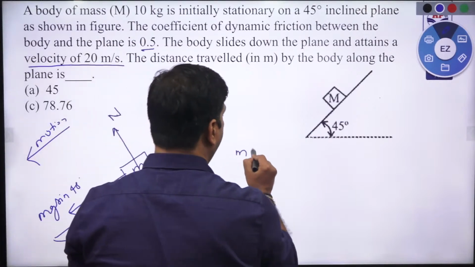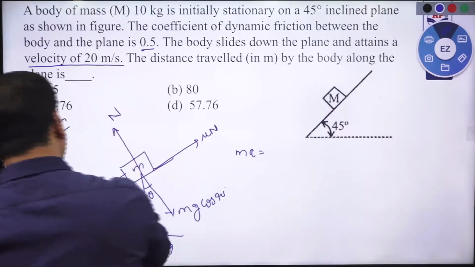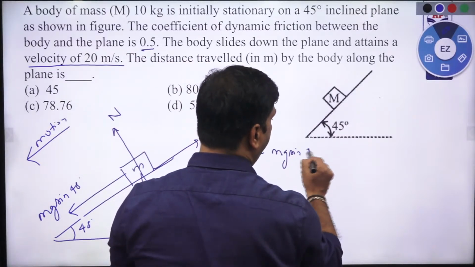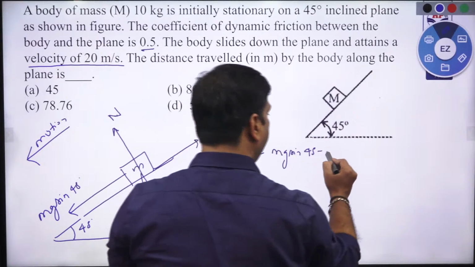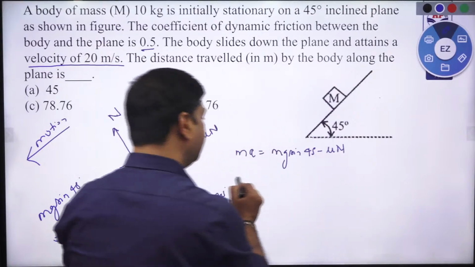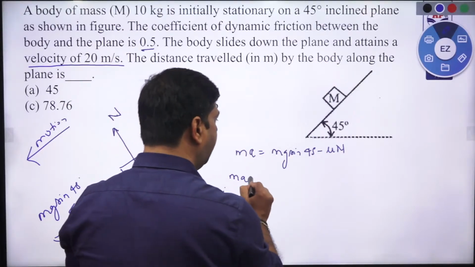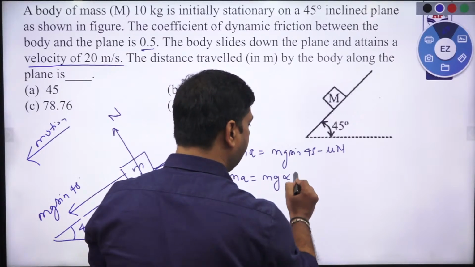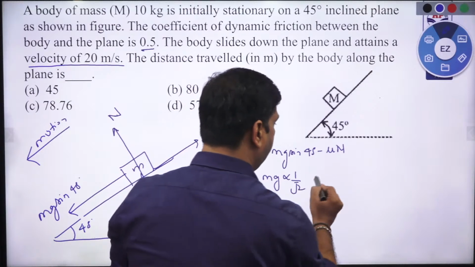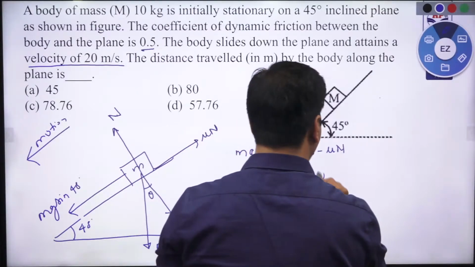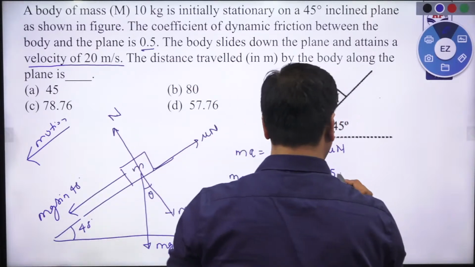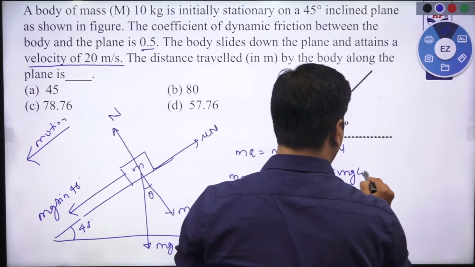So mass into acceleration equals mg sin 45 minus mu into N. So we can write m into a equals mg sin 45, which is 1 by root 2, minus mu, whose value is given as 0.5, into N, whose value is again mg cos 45.